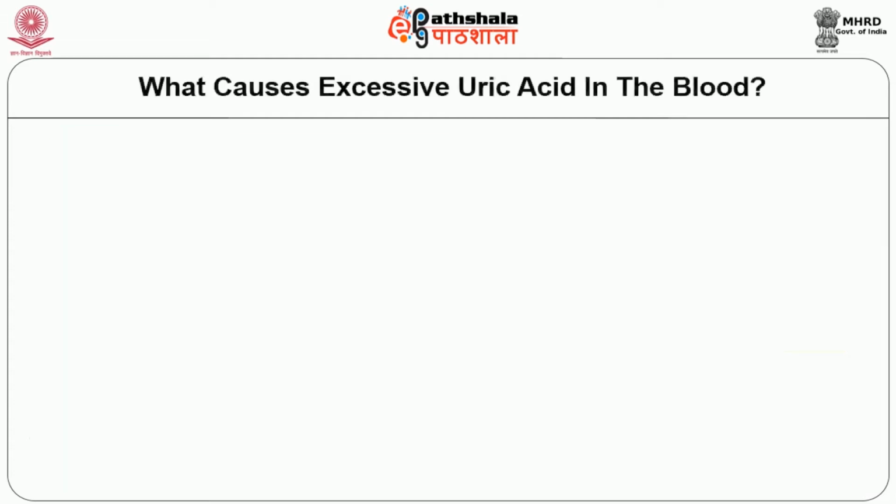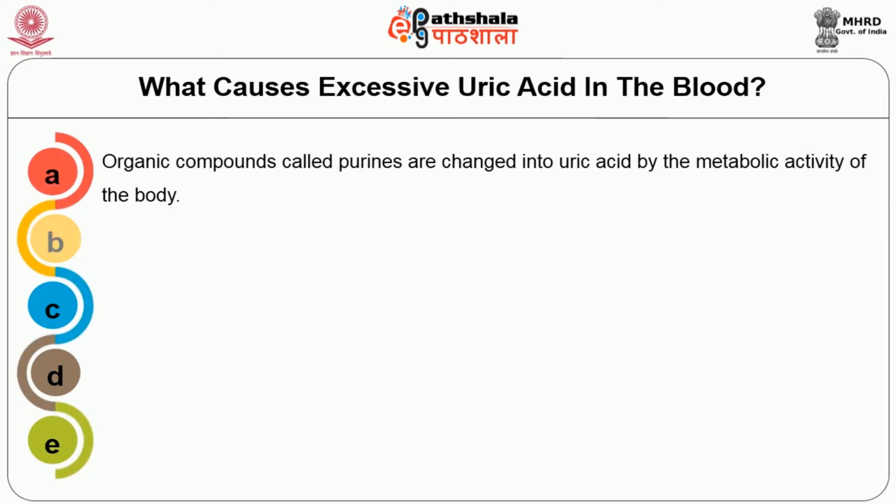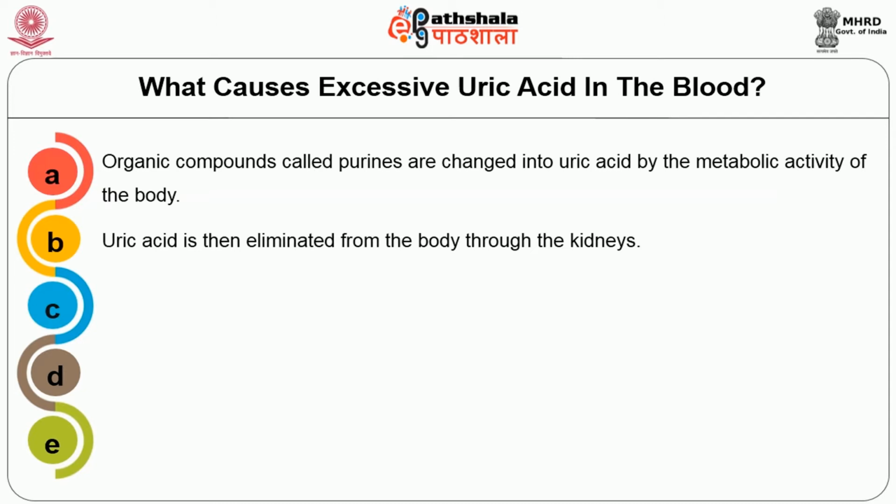Now let us see what causes excessive uric acid in the blood. Organic compounds like purines are changed into uric acid by the metabolic activity of the body. Uric acid is then eliminated from the body through the kidneys.